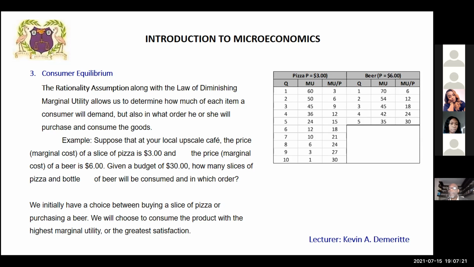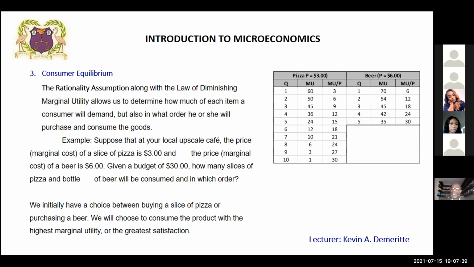All right. So similarly for beer, that first beer, you get a lot of pleasure from. But you get less and less of each subsequent beer that you swill.